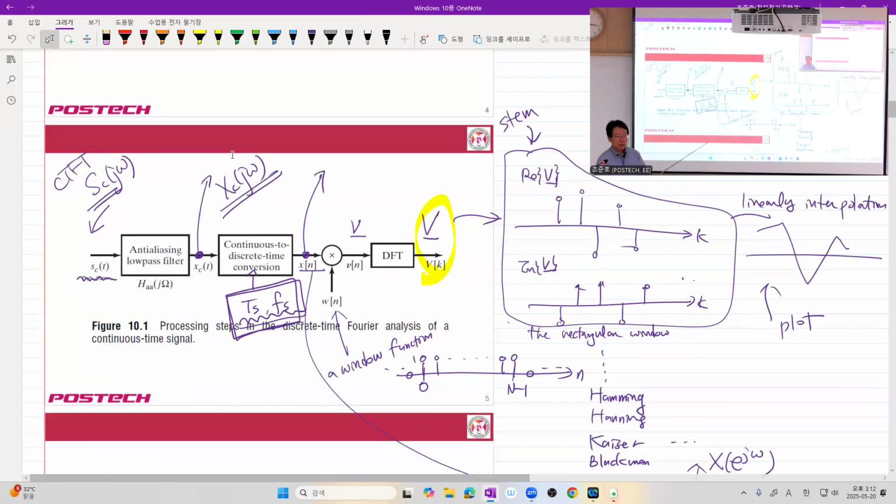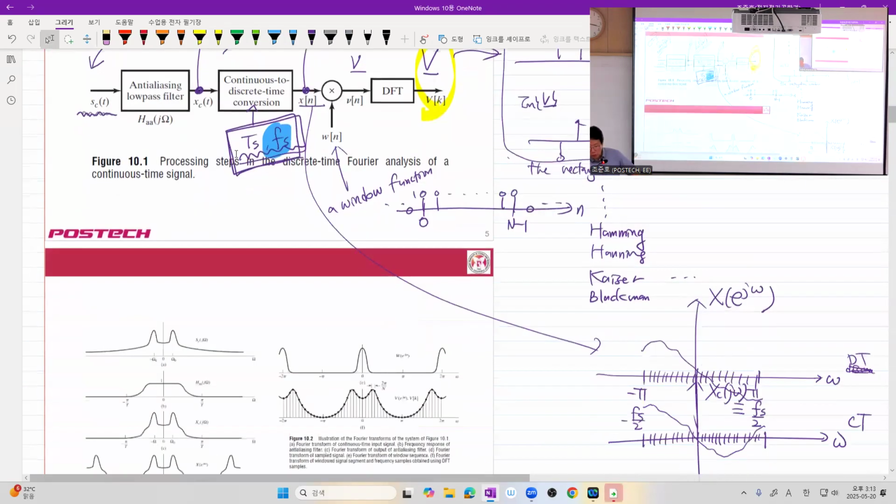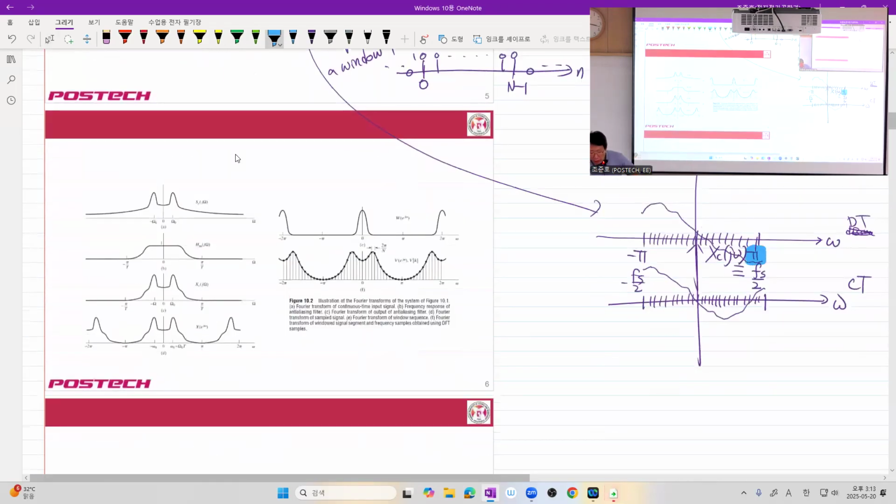In that case, there are too many parameters, right? But the key is, and what you need to remember is that this sampling frequency corresponds to pi, and negative sampling frequency divided by 2 corresponds to negative pi.